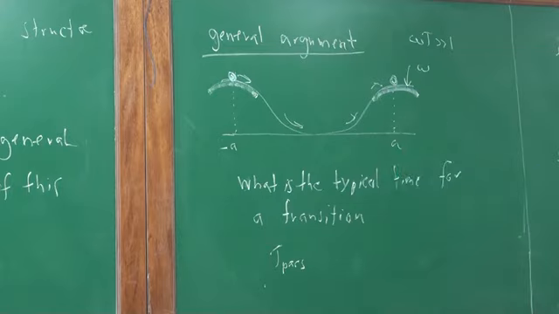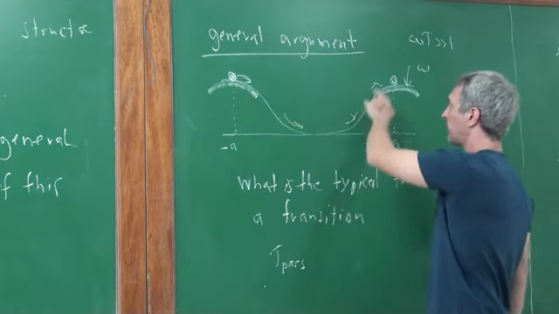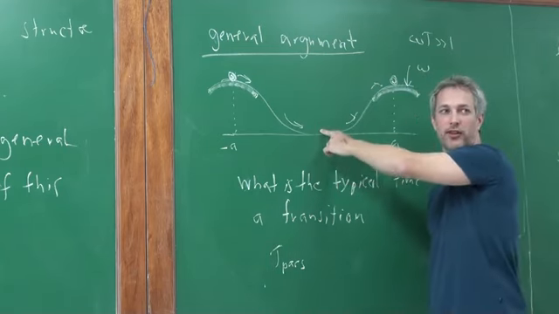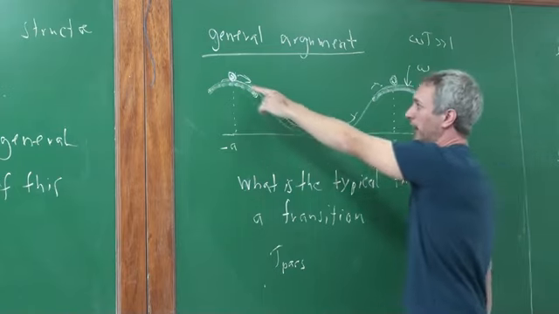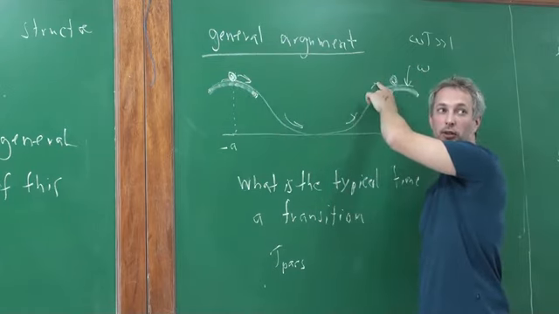Well, and now comes the main observation, which is actually not very deep, which is to say, if we look at the typical time the particle needs to go from here to here, well, obviously the highest velocity is down here, while here the velocity is the slowest, and here the particle is the slowest.